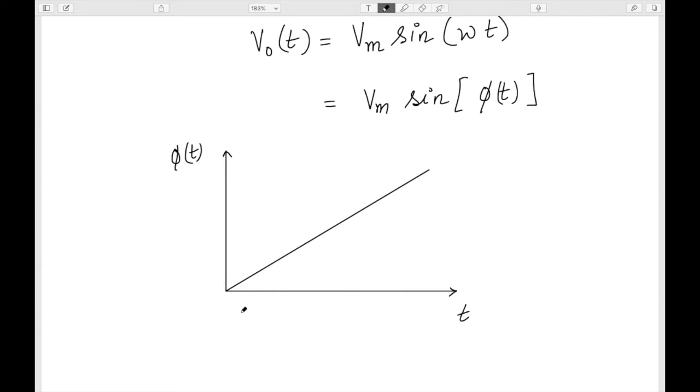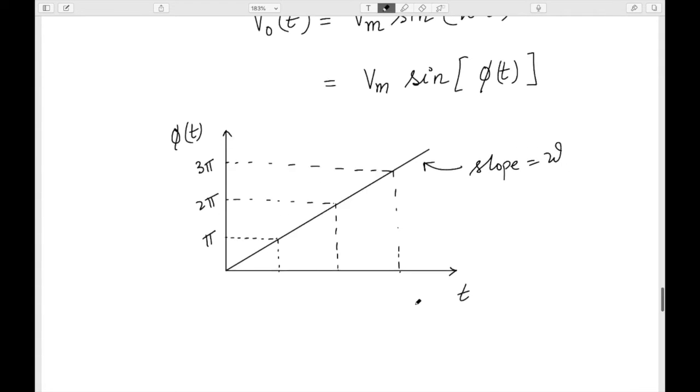With every increase in time, phi increases: it becomes pi, then 2 pi, then 3 pi. The slope by which it is increasing is omega. Slope is omega.